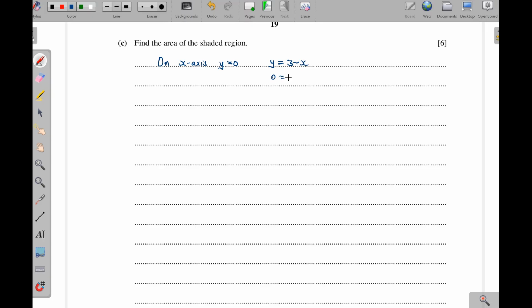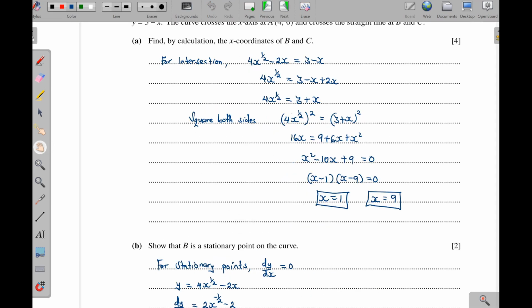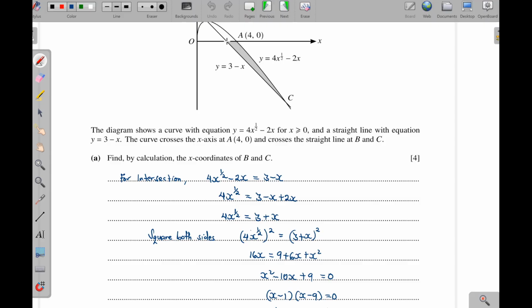You'll have a 0 here, then 3, then minus x. That means x is going to be equal to 3. So when I come back here, the x coordinate of this point here is 3. Now this one is a 4. Then this one here is a 9, the x coordinate of C, not so? So that one will give us a triangle.